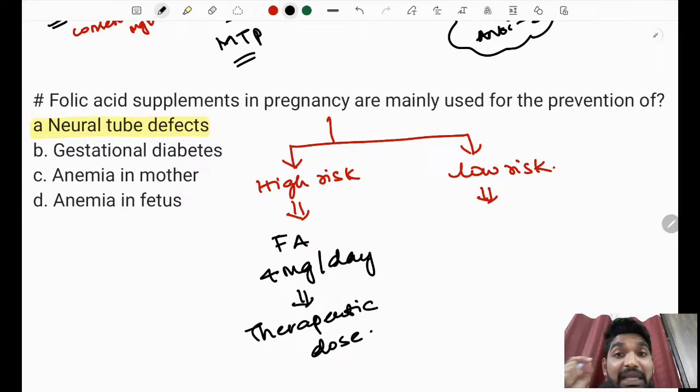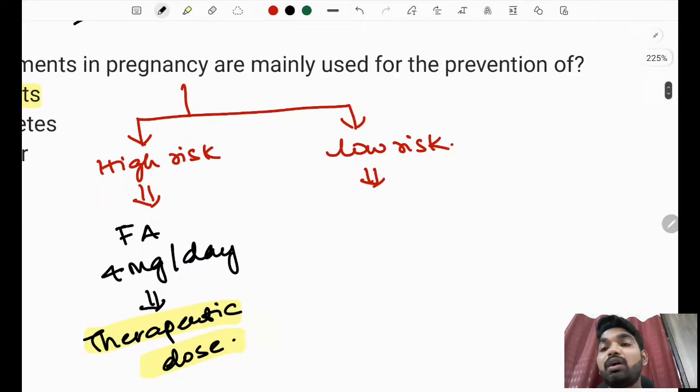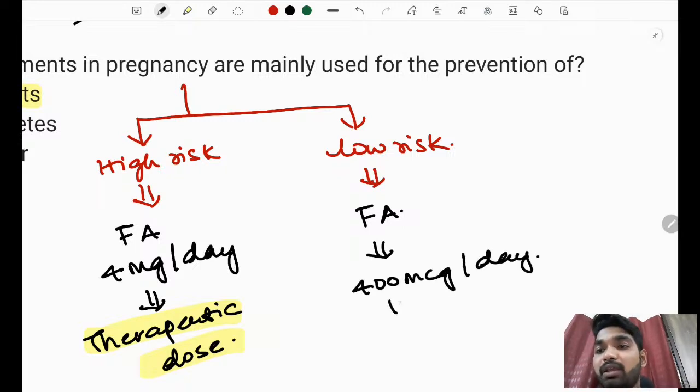When you give 4 milligrams in high risk women, that is called the therapeutic dose. Now coming to the low risk women, here there is no need to give 4 milligrams. Here the recommendation says to give 400 micrograms per day. This is to prevent, right?